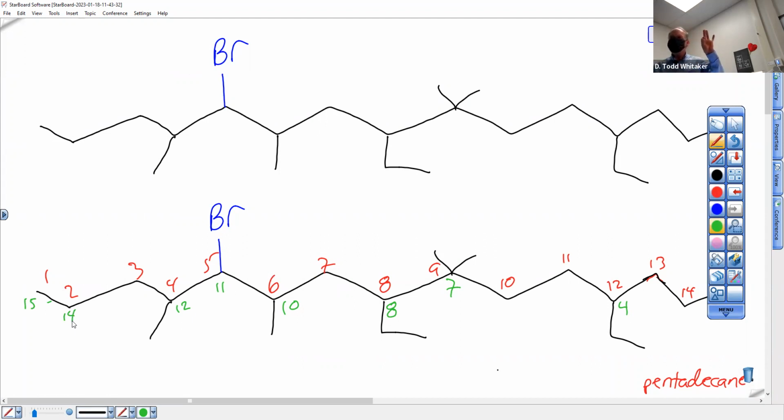List only the numbers where there's groups in red and then in green. So the first group in red, give me the lowest number. 4. Next group in red, what's the lowest number? 5. And a 6. And an 8. Watch how I do the one on 9, because there's a group on 9 and another group on 9. There are 2 groups on 9. Those are 2 methyls. And there's a group on 12, and that's the end of the groups, right?